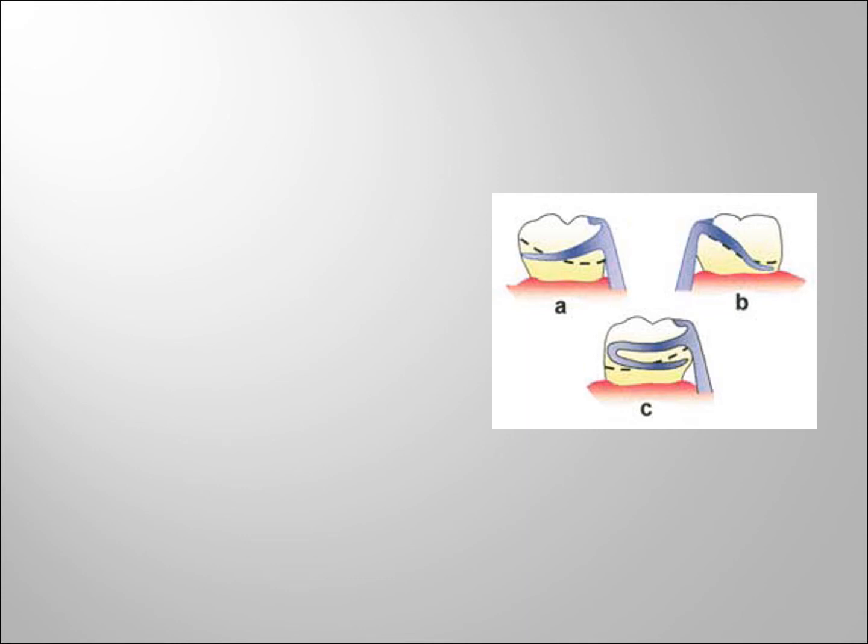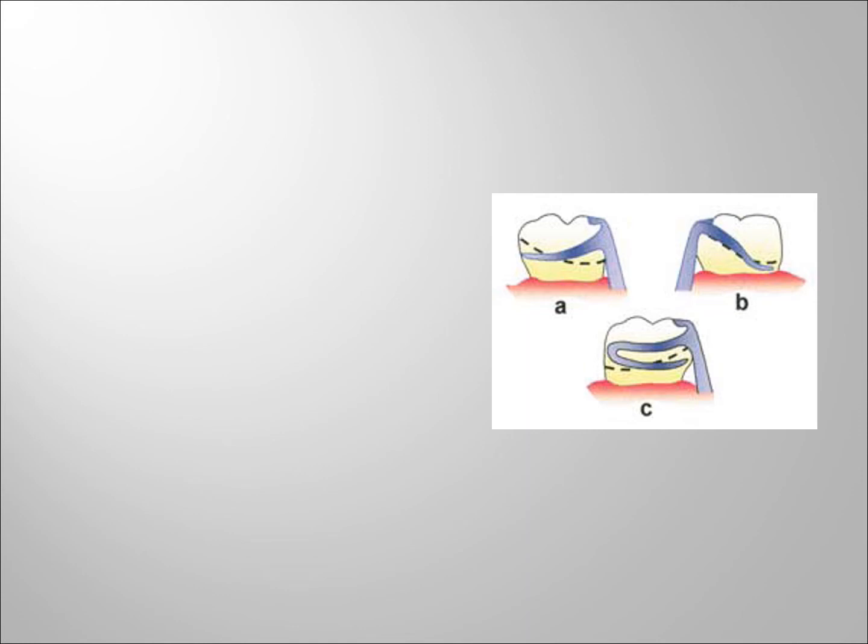Now, scenario A, you can use a simple circlet clasp because the deeper undercut is on the other side from the edentulous space. So it goes from the other side and under the survey line to the undercut. While in B, if you use a simple circlet, it's not recommended because it's very close to the gingiva, and we said the retentive tip cannot be closer to the gingiva than 1 millimeter.